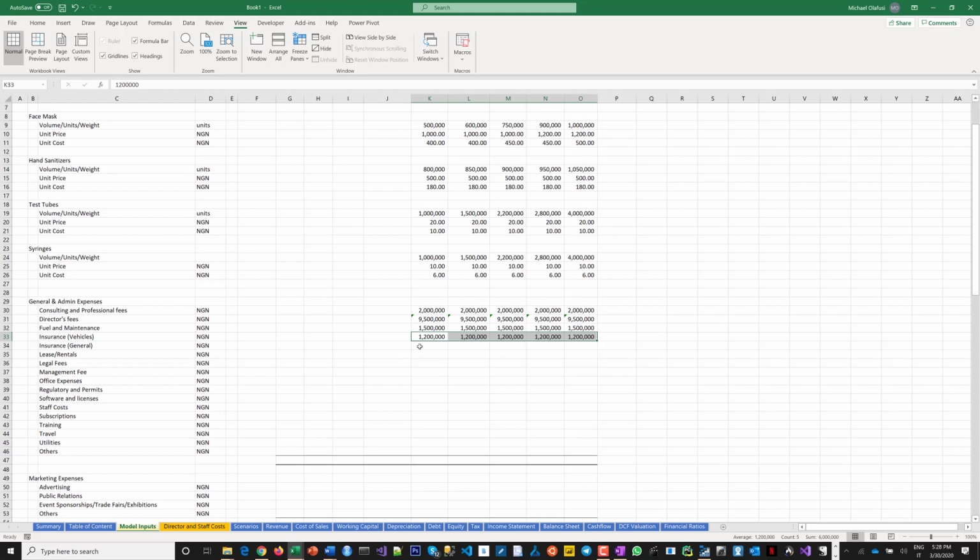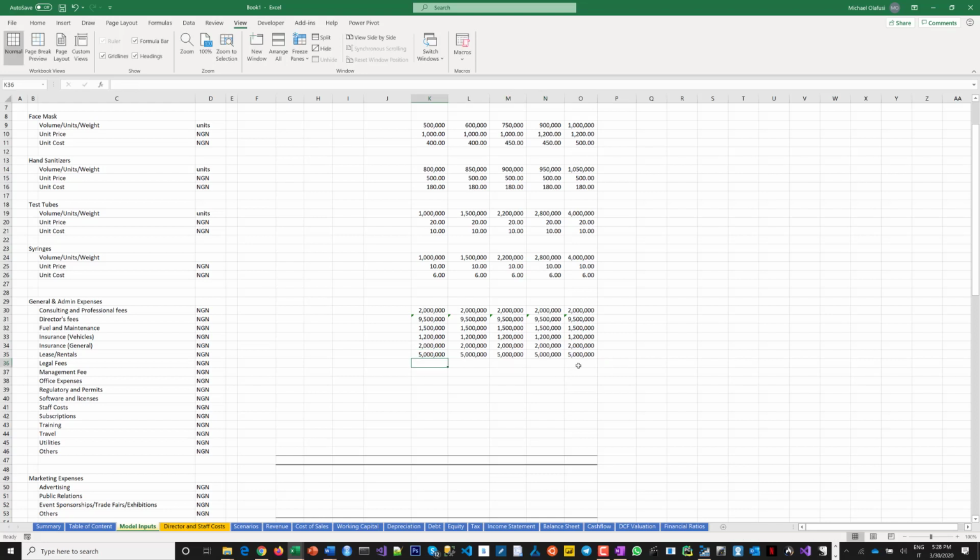And on general insurance, they spend 2 million. On lease and rentals, for a company that size, say they spend, inclusive of warehouse, 5 million a year.